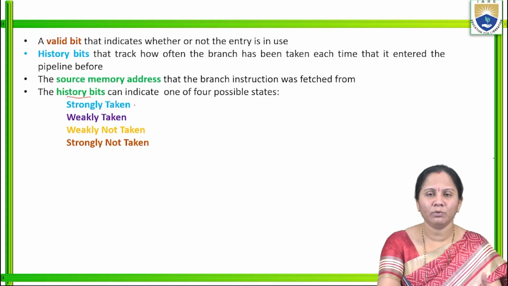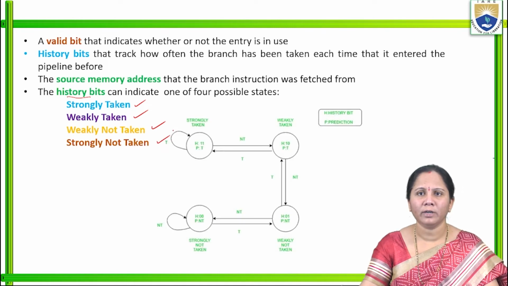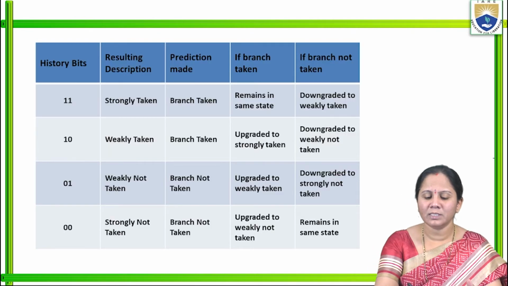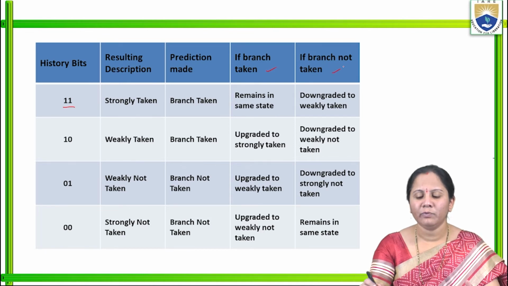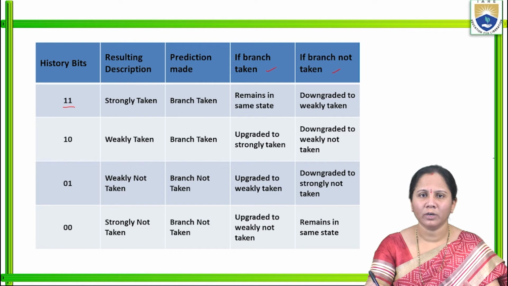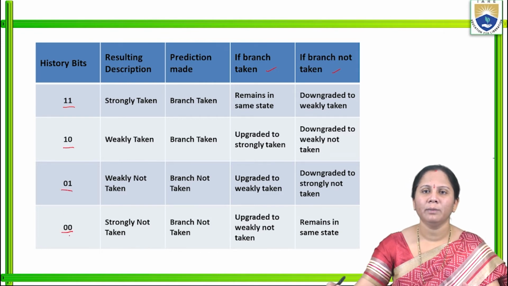That means we have to indicate whether the branch is strongly taken, weakly not taken, and strongly not taken. So this is the figure that supports the branch prediction logic, and this is the table and the process that will occur if branch is taken and if branch is not taken, and when the history bits are maintained in this manner.